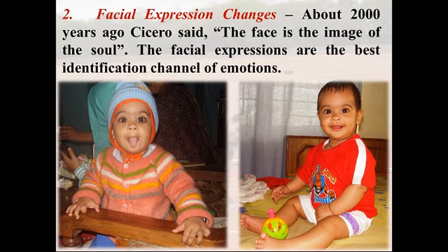About 2000 years ago, Cicero said the face is the image of the soul. It means you can get an idea of what an individual is thinking through facial expressions. So facial expressions are the best identification channel of emotions.